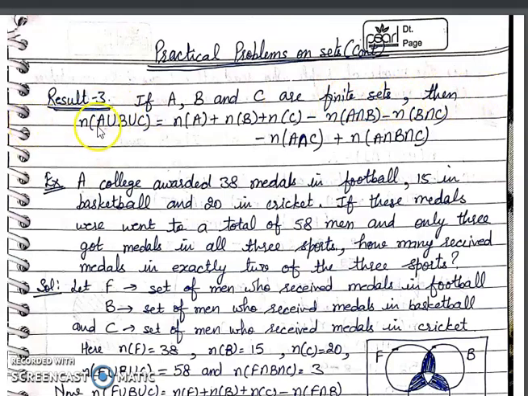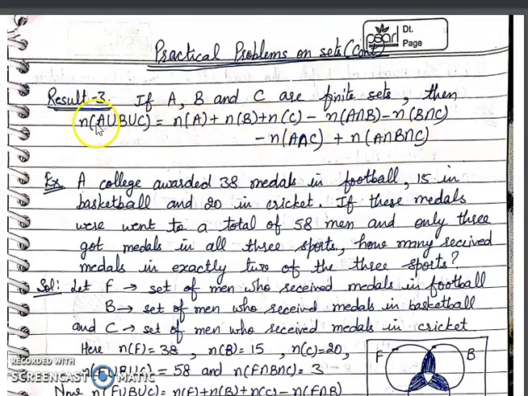Then the result is: the number of elements in A union B union C is equal to n(A) plus n(B) plus n(C) minus n(A intersection B) minus n(B intersection C) minus n(A intersection C) plus n(A intersection B intersection C).